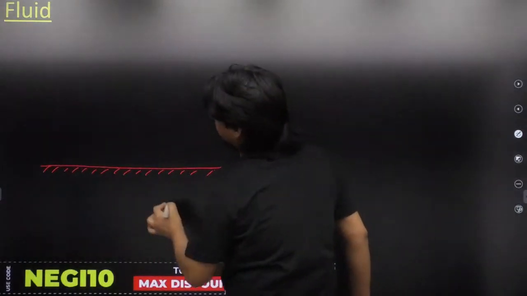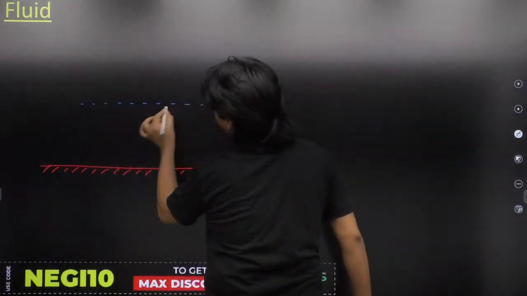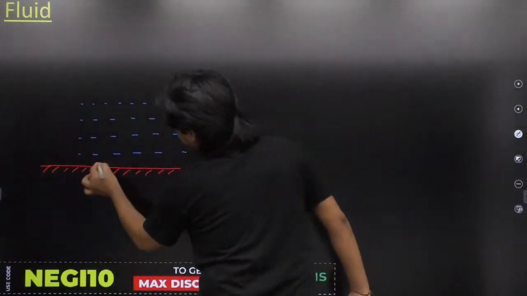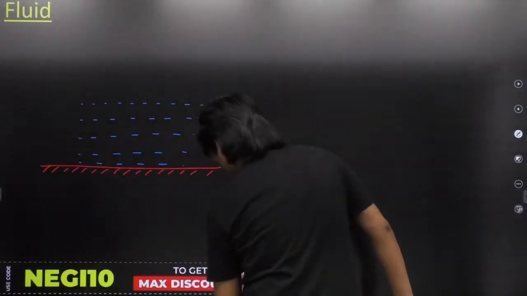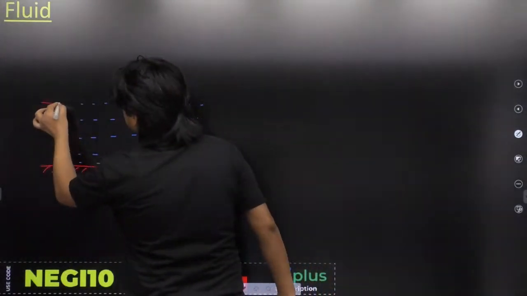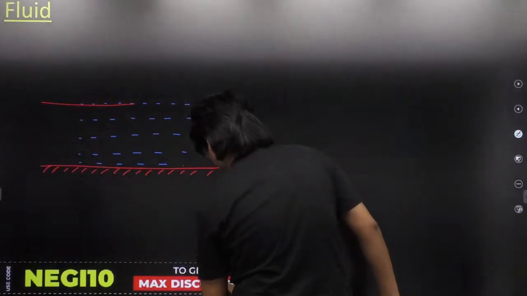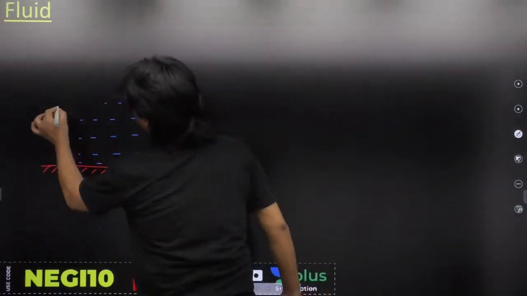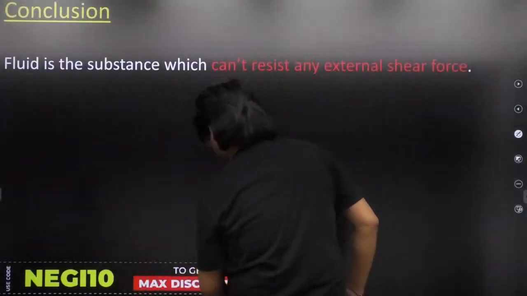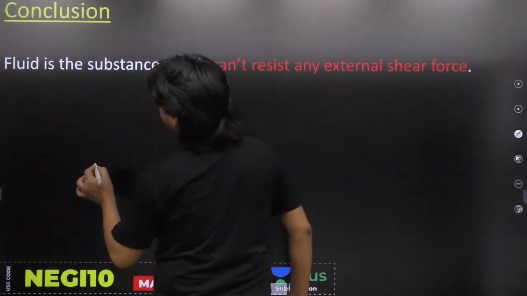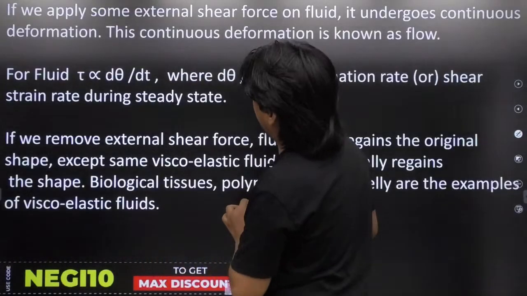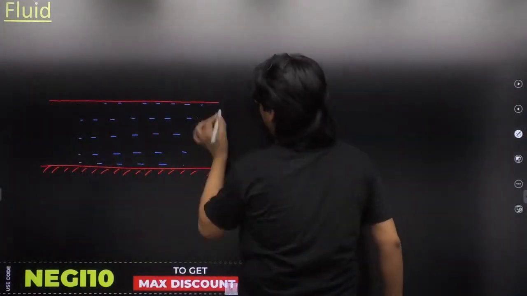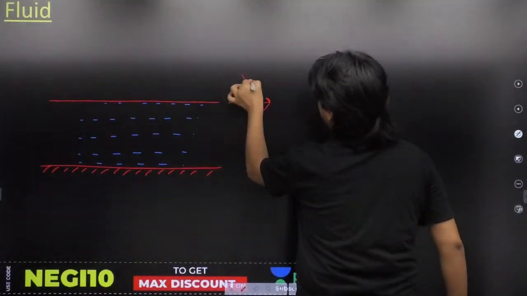Let us suppose this is some liquid which is kept between the fixed plate and the movable plate. This is the movable plate, moving with the velocity v.